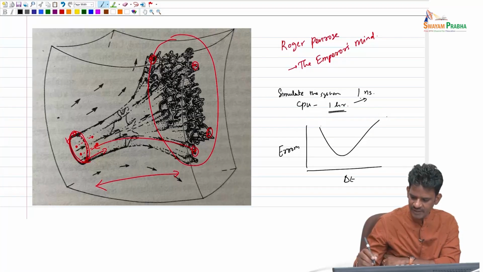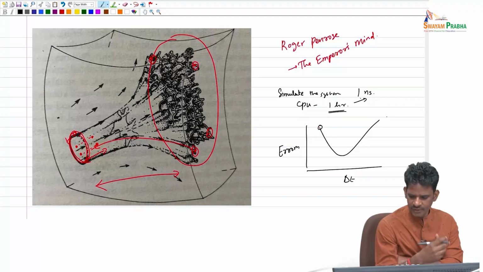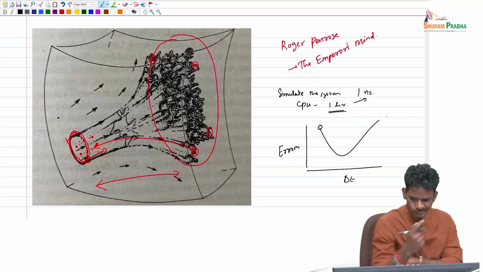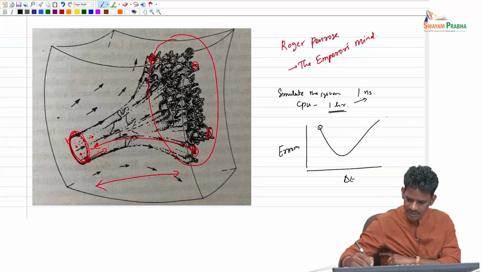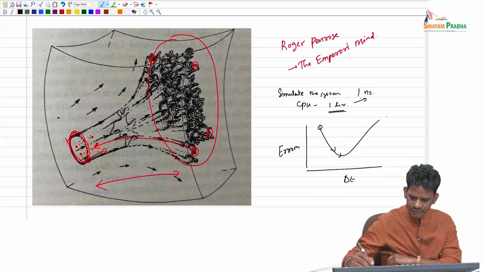When you have a very small delta t, accuracy may be good, but you'll be doing a very large number of steps, and this will add up a lot of rounding error that will add up to the global error. If you increase the delta t, accuracy is not very much compromised yet, but the rounding error because of the large number of steps will come down and you will reach some optimum value.